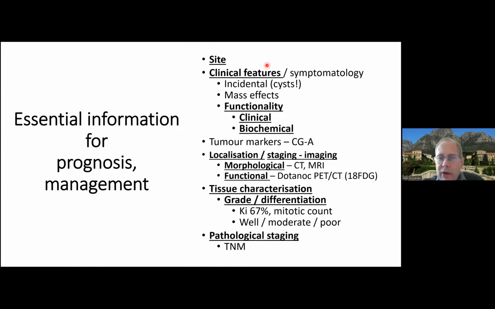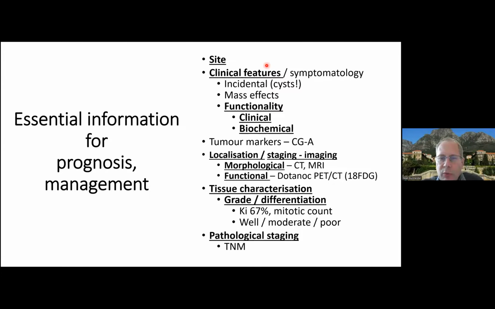Then we need tissue characterization. Getting tissue in these patients is particularly important, and EUS obviously plays a very significant role here. What you want to know pathologically is the grade of the tumor and its differentiation. The grade we would usually decide on based on the Ki-67 percentage and mitotic count.